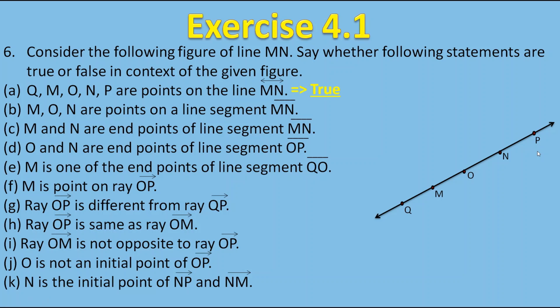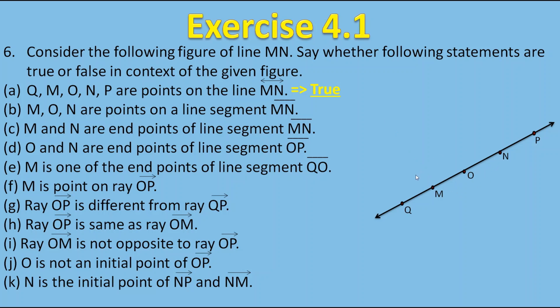Now the next is M, O and N are points on line segment MN. Now see here, in the first statement they had told us line, so even though MN is named only for this part, these points are also present on the line. But now here they have told us line segment MN, so we have to think just about this part now.